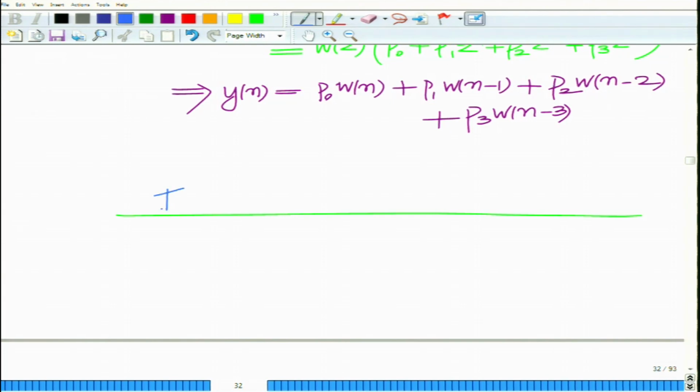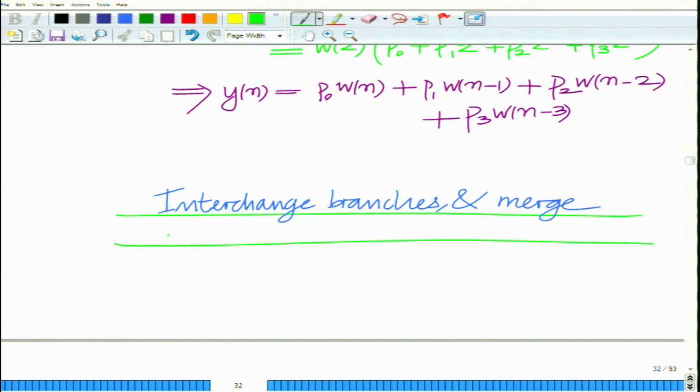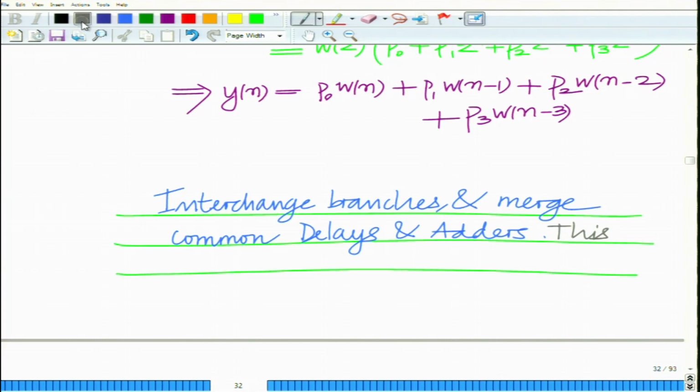So, what we will do is we will interchange and we will merge the common, we will interchange, and this yields the structure below.